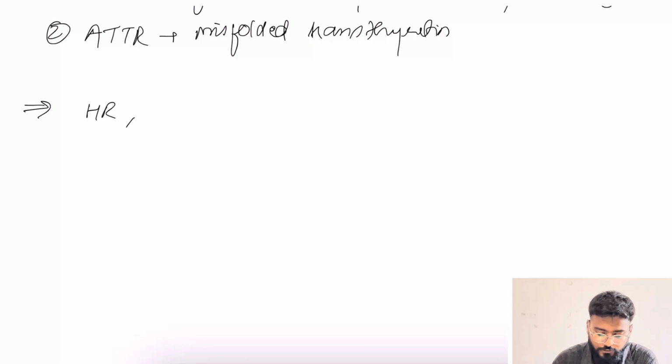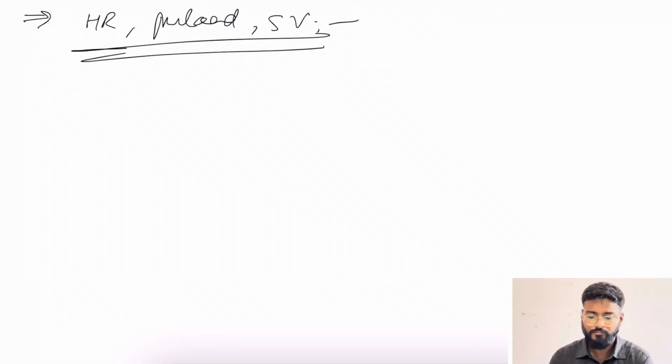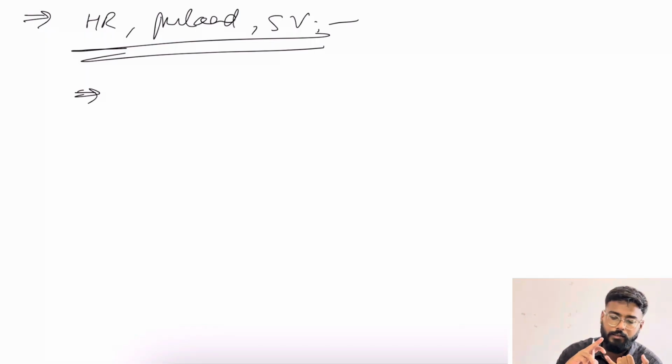We are going to see the relation of heart rate, preload, and your stroke volume. As you already know, the systole and the diastole each last for some amount of time. So whenever the heart rate increases, which is going to be affected more, the systole or your diastole? It is your diastole that is going to get shorter as compared to systole.